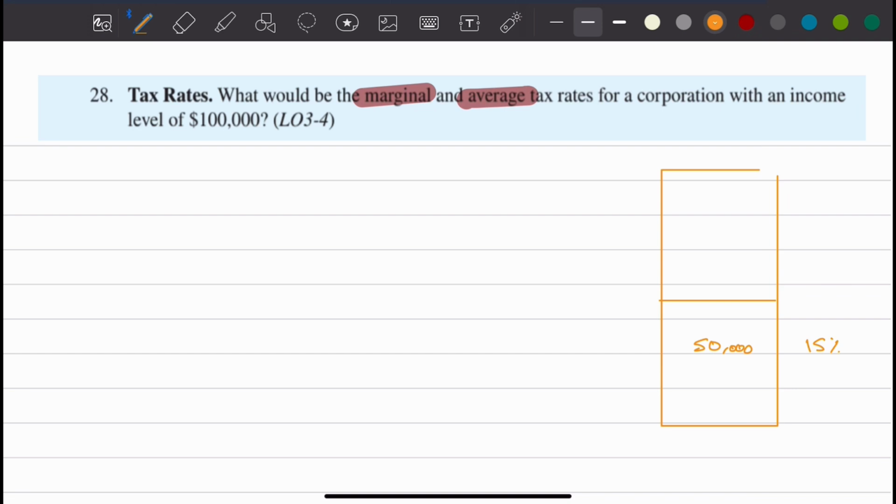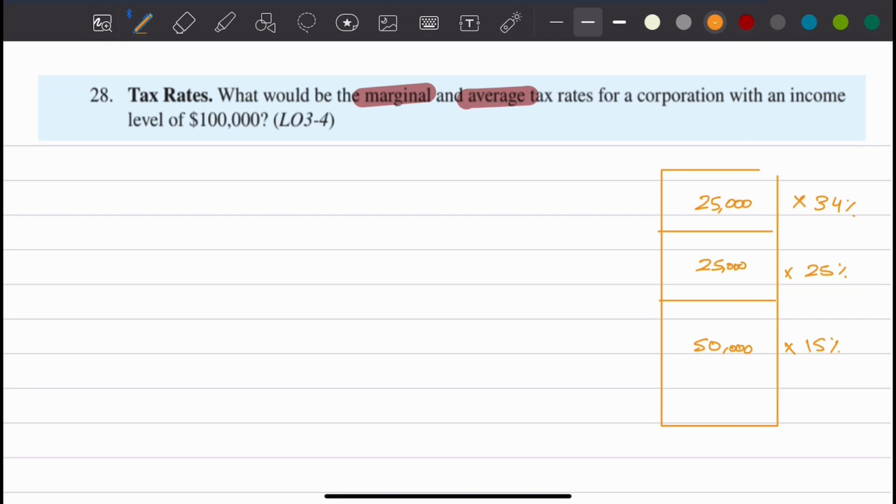Then from the 50,000 and above all the way to 75,000, so that is another 25,000, it's going to be taxed at 25%, and then the last $25,000 is going to be taxed at 34%.